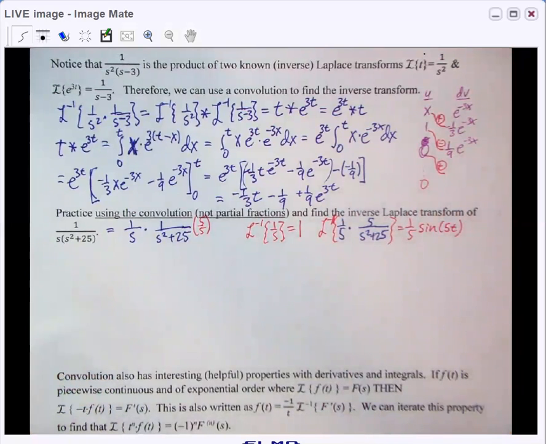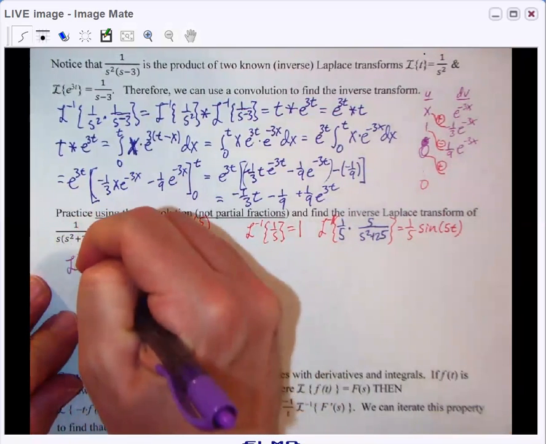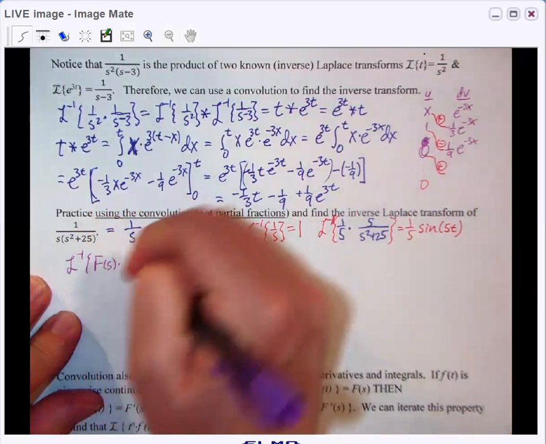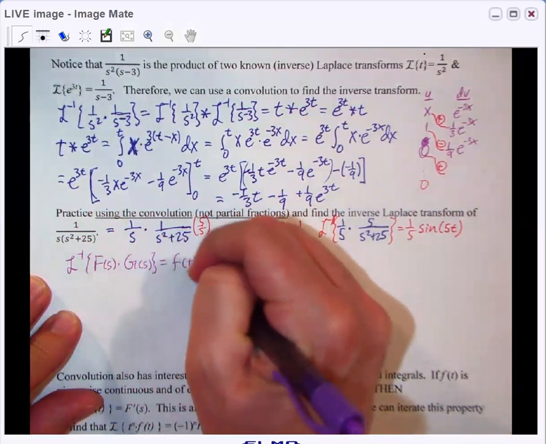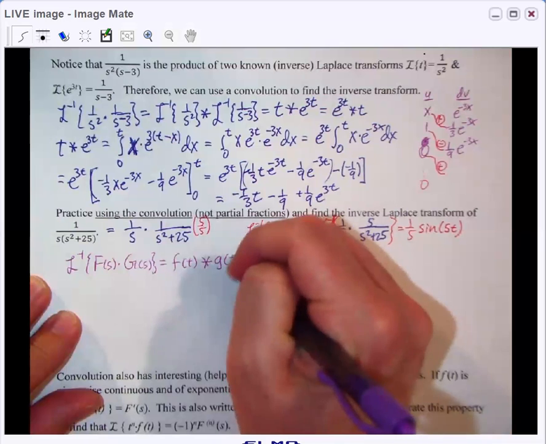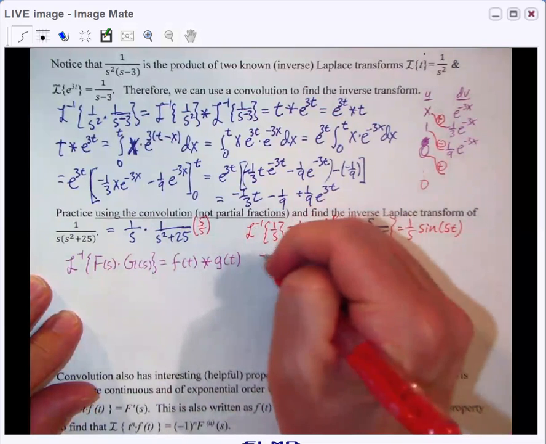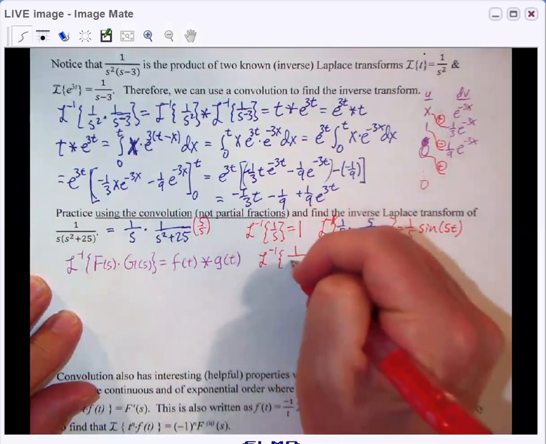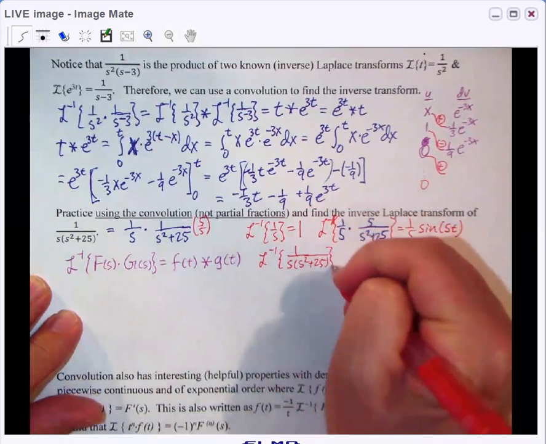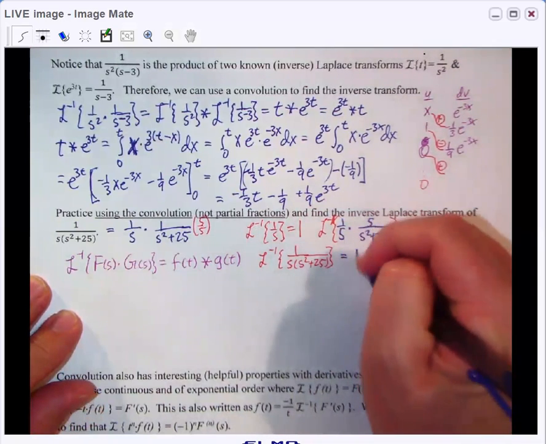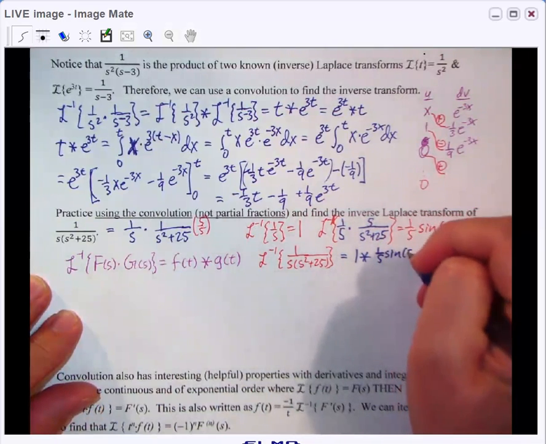So we could use our convolution theorem, which says that the inverse Laplace transform of capital F of s times capital G of s is equal to f of t convolved with g of t. So the inverse Laplace transform of the original problem, 1 over s times s squared plus 25, is going to be 1 convolved with 1/5 sine of 5t.